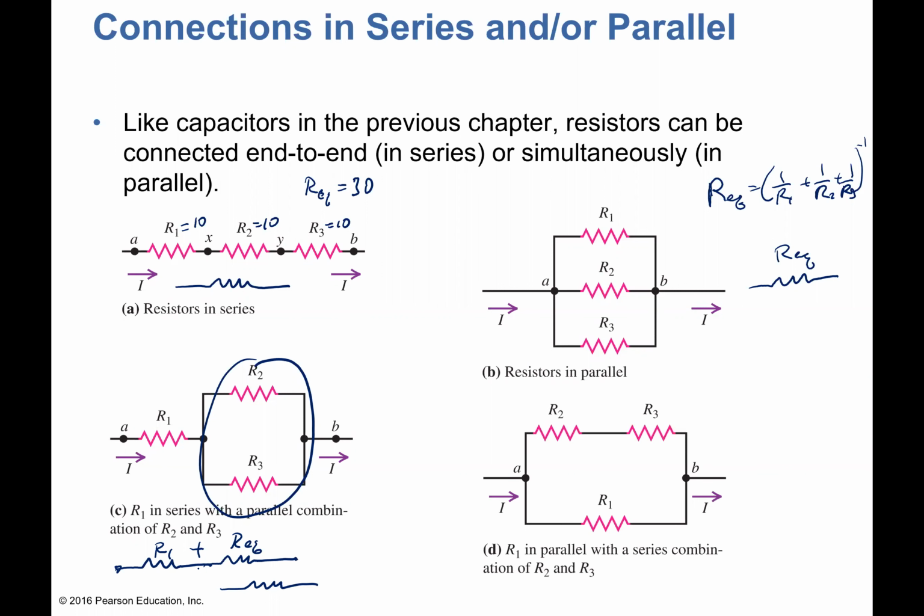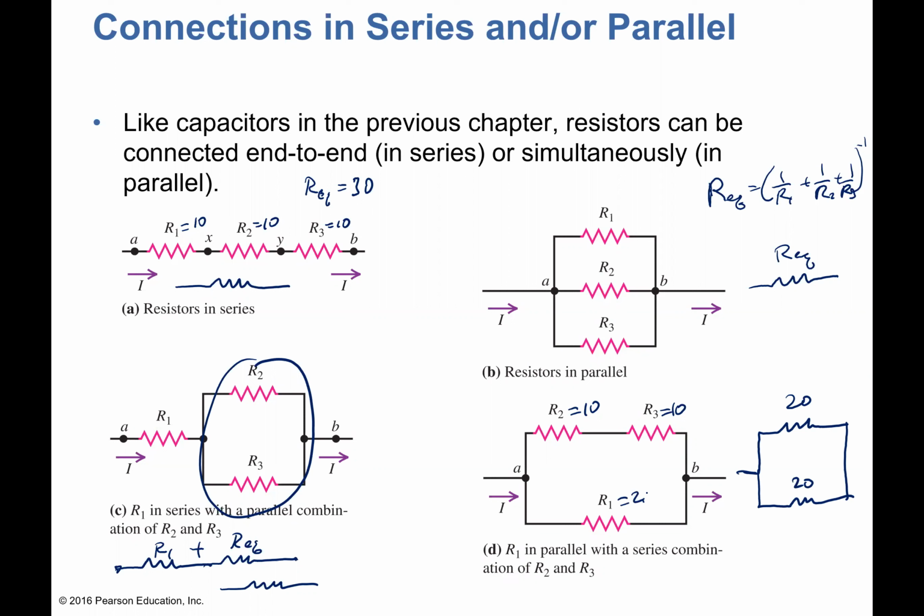Or you have something like this. You have those two in series, and that combination is in parallel with this one. So for example, if this is 10 and this is 10, then you can simplify and say at the top you have an equivalent of 20, because you're just adding them together. At the bottom, this R1, let's say it's also 20.